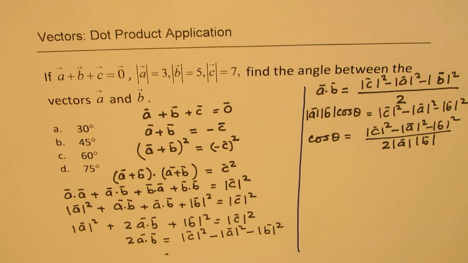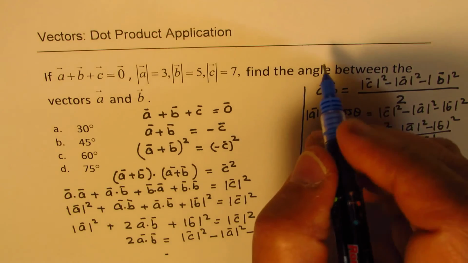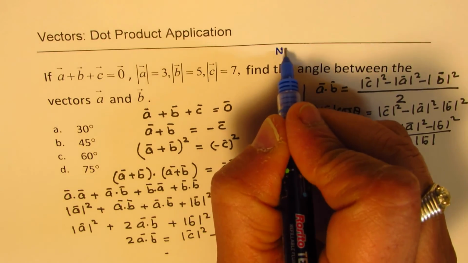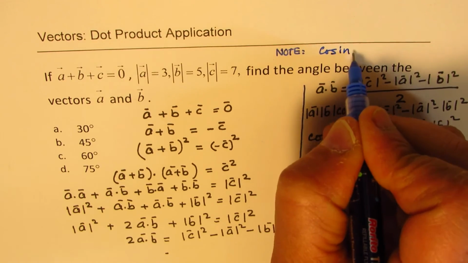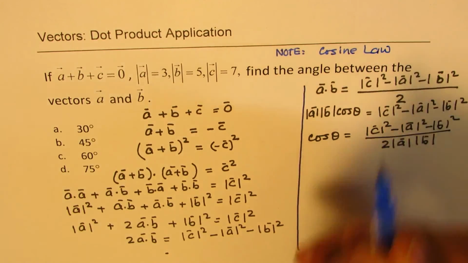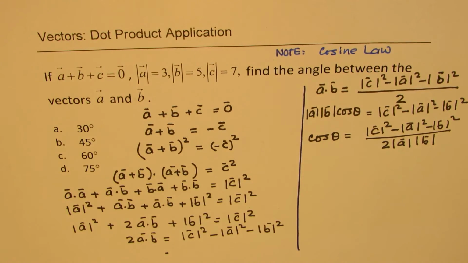So that does remind us that this kind of a question could have been done using cosine law. So we'll just keep that as a note. Now it is a very important note since we can see how closely dot product is related with cosine law.